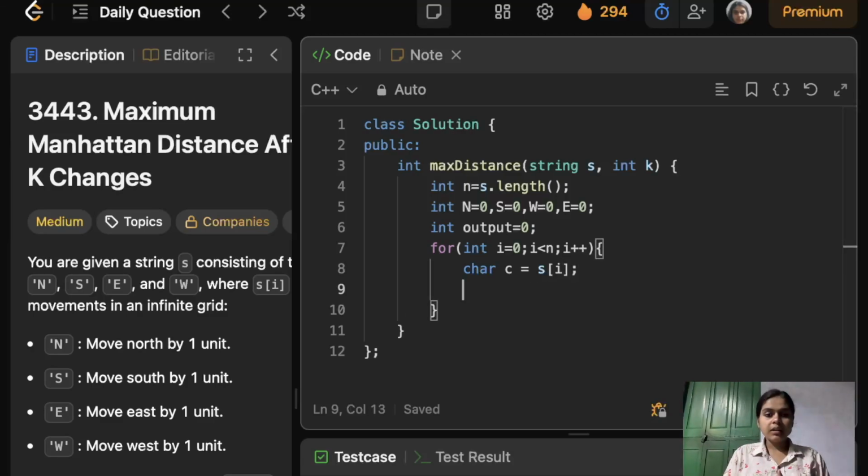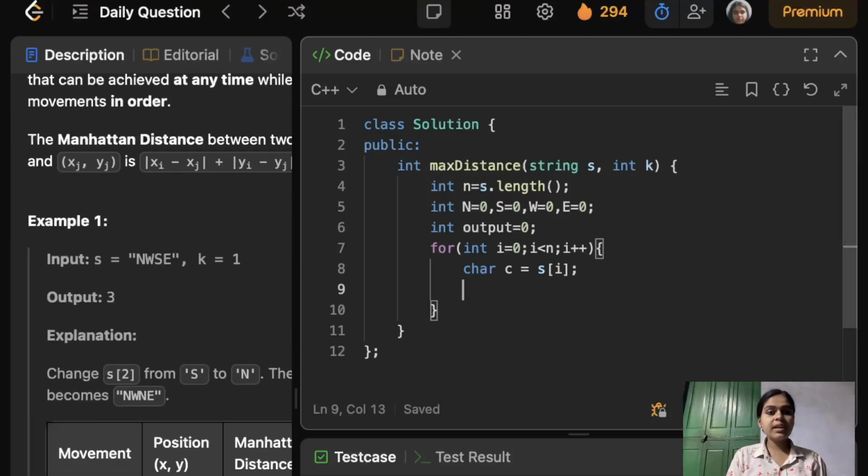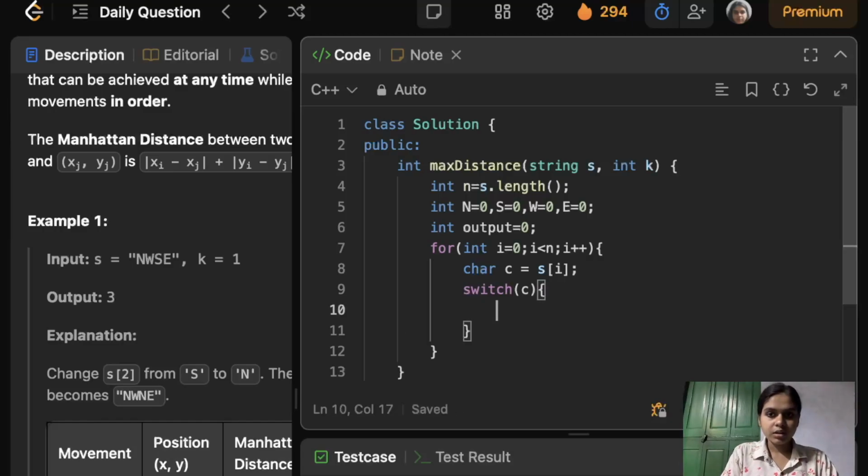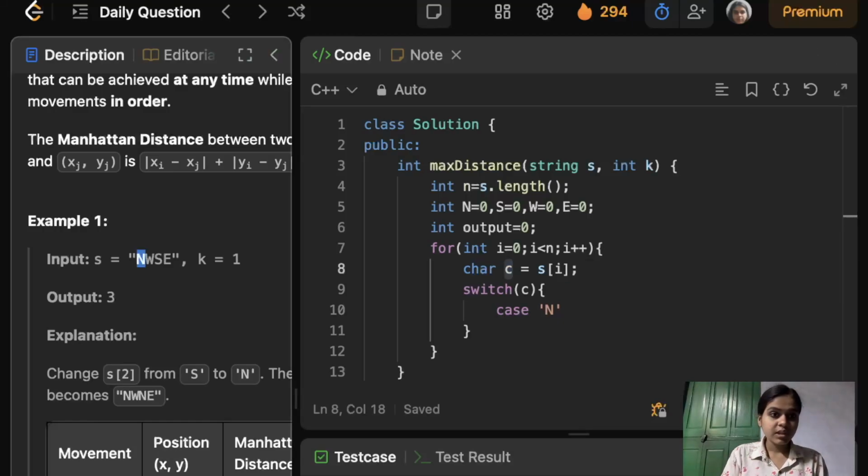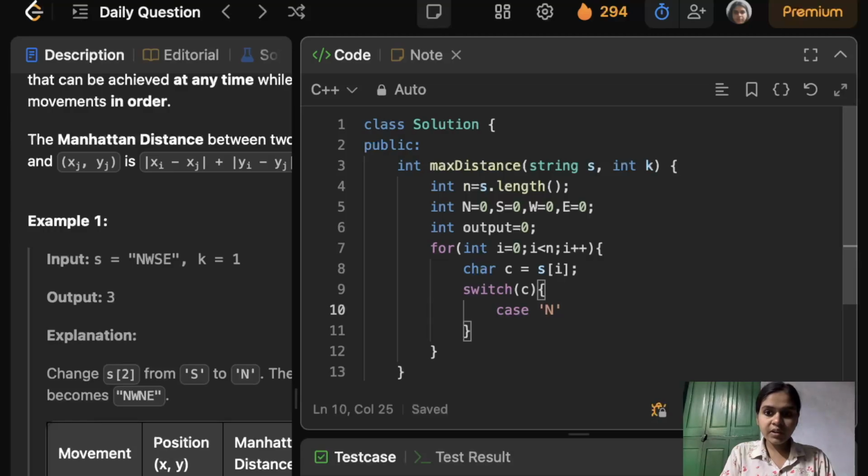Okay, and what we use to change between n, s, e, w, whatever string is provided? Here we can use a switch case statement. So it will be switch on the char, and case n: if c is n, this first one, then we'll be incrementing n by 1 and then breaking the statement.